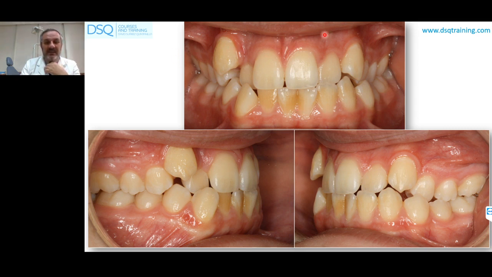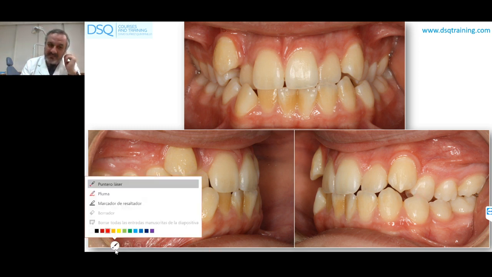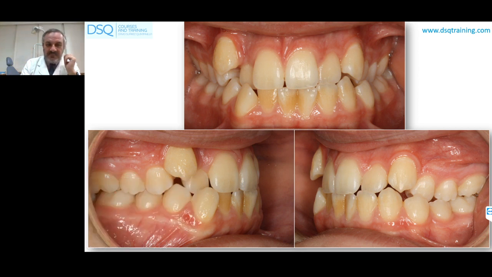In this case, if we decide to extract, we have to start first in the upper with the first premolar. Next, we have to start the other. In the lower, the first is this, and the opposite is in the lower, is this.